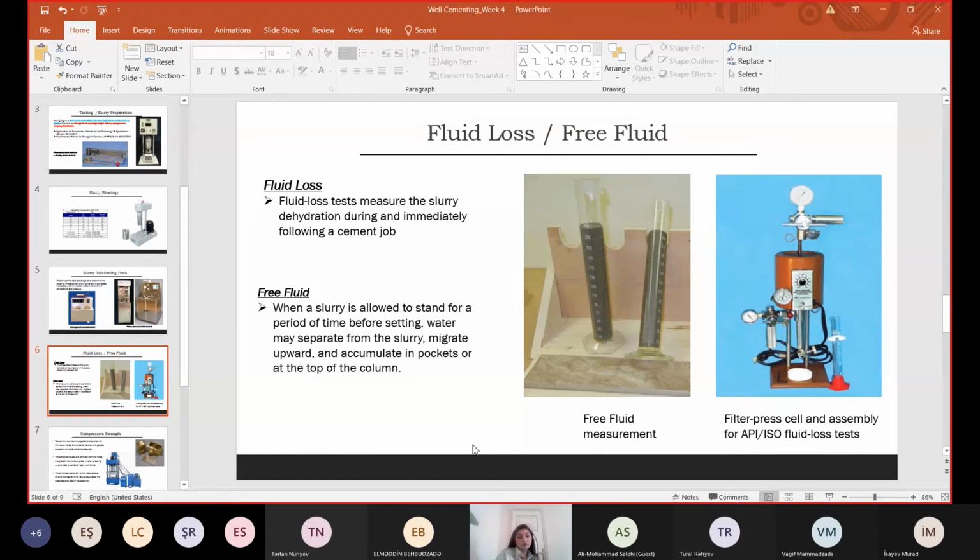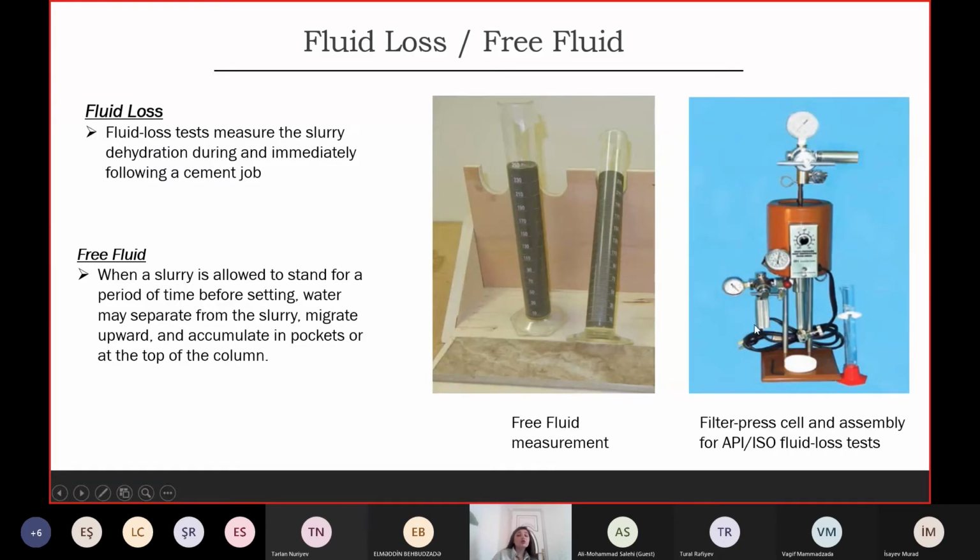Then we can continue with fluid loss. I explained thickening time, and then we go with fluid loss. So fluid loss, this test measures slurry dehydration, like during the cementing job or just after it, how this cement slurry will lose its water.